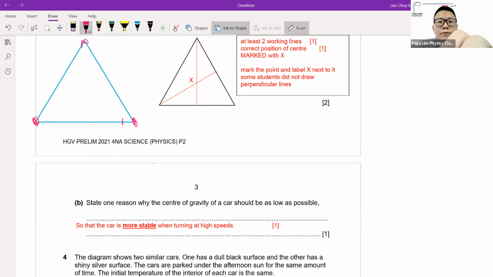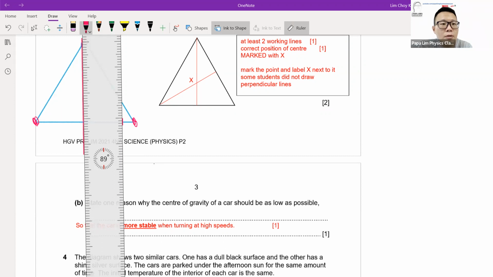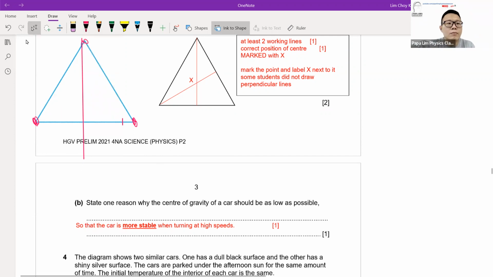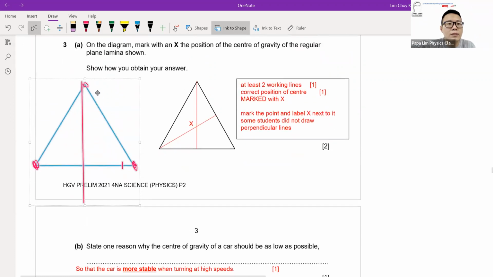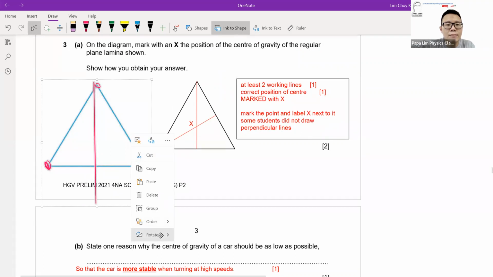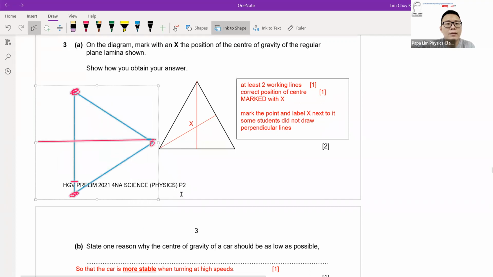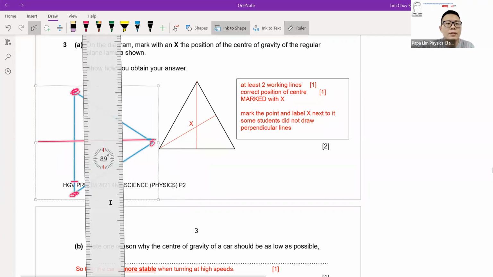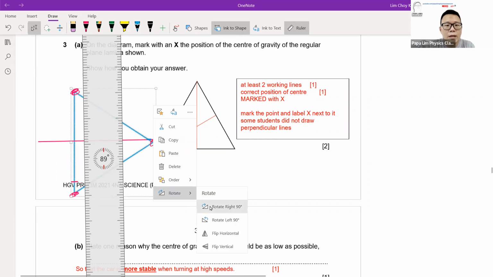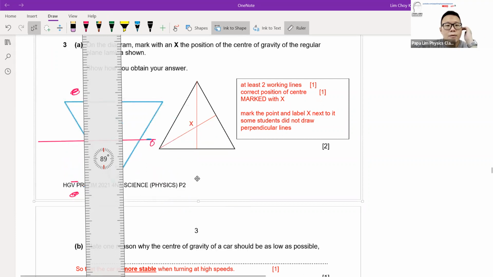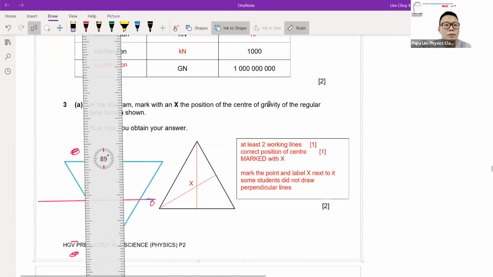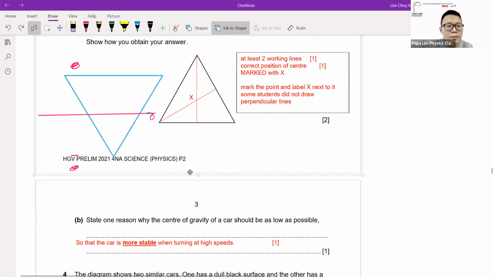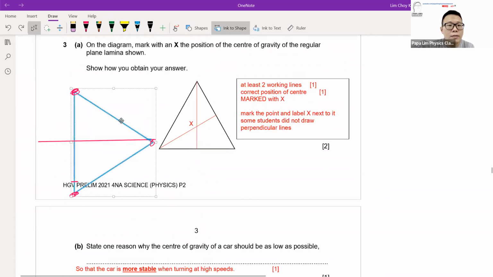For example, for the first one, I will draw a vertical line all the way down. Then I will keep this and visually rotate it 90 degrees. Then I will take another vertex and rotate it.